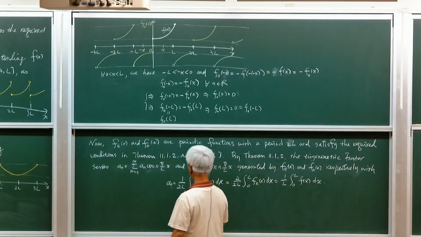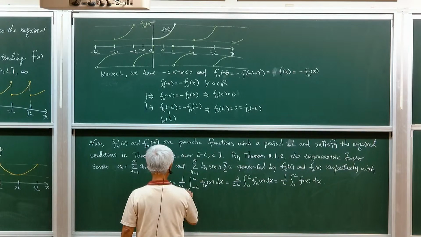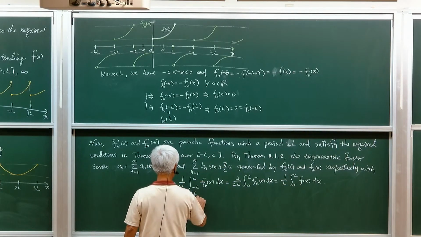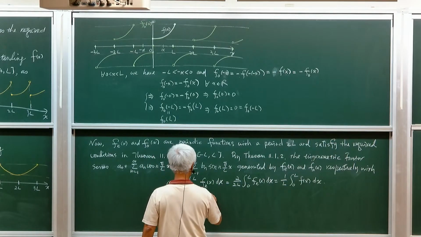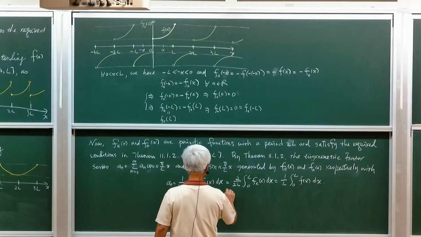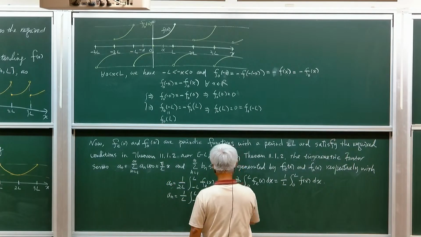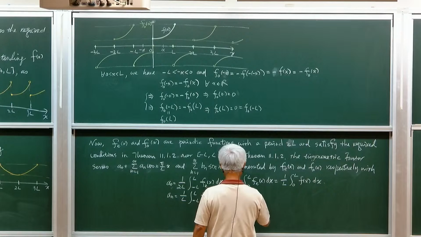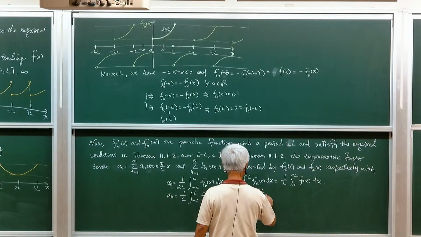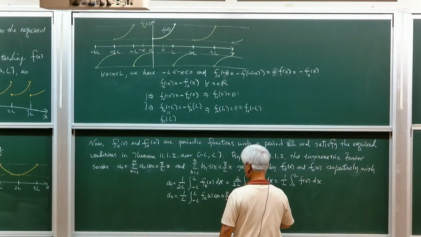And an is (1/L) ∫ from −L to L of f_e(x) cos(nπx/L) dx.